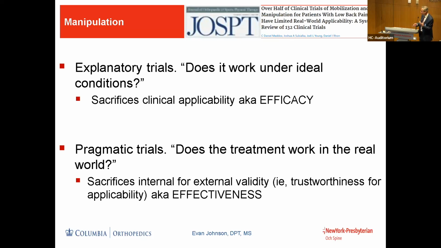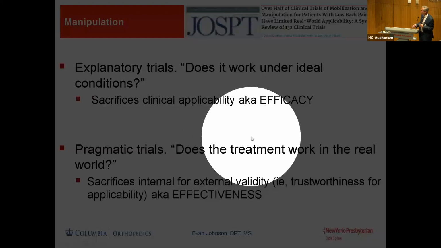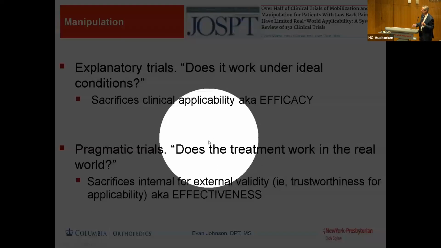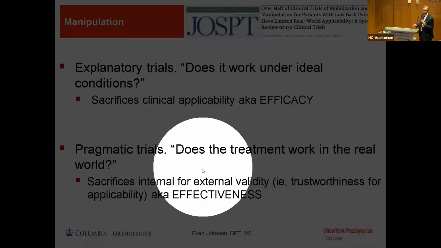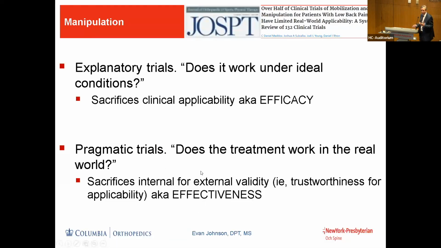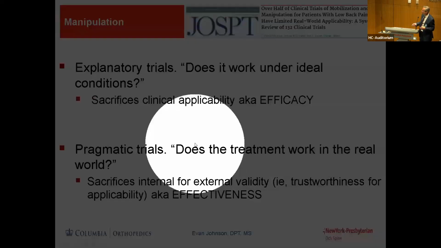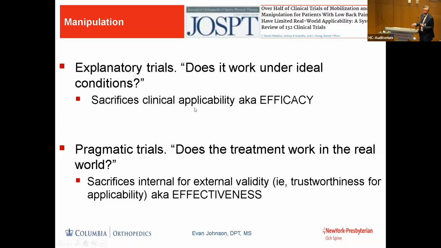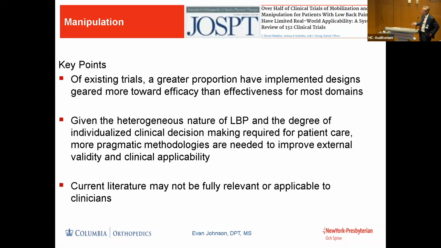On the other hand, that's never what we do in the clinic, which speaks to pragmatic trials: does the treatment work in the real world? The problem with pragmatic trials is they sacrifice internal validity for external. The methodology is not good, we're inconsistent, the reliability isn't great. And the problem with explanatory trials is they sacrifice clinical applicability. So we need some combination of both.